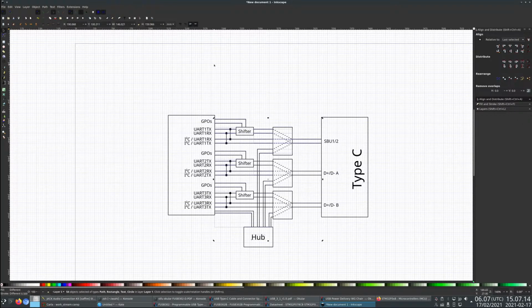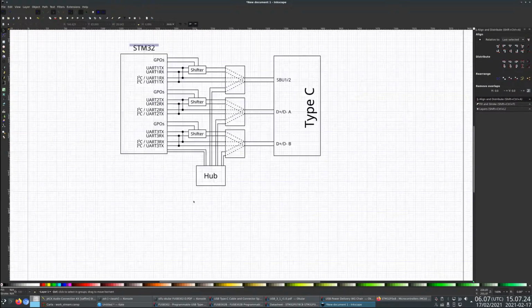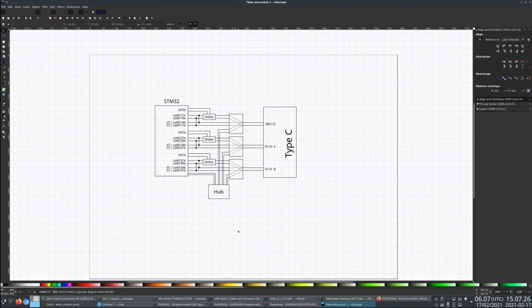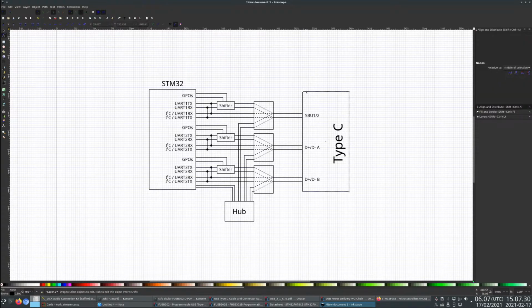Again, a weird rogue group there. So here's our STM32. And then let me just finish writing down the rest of the Type-C connectors.